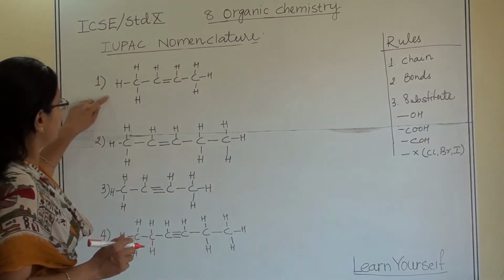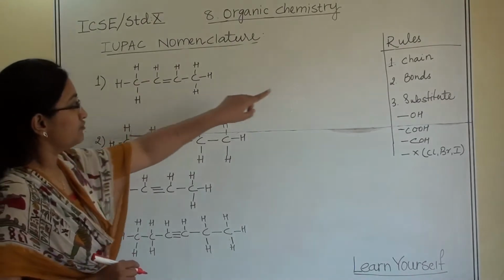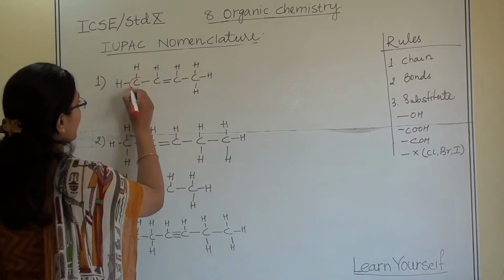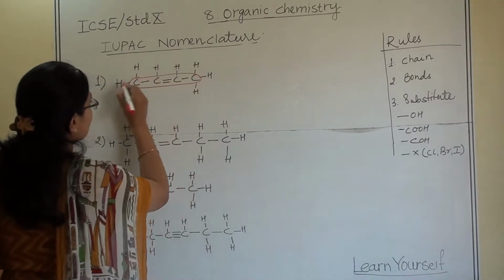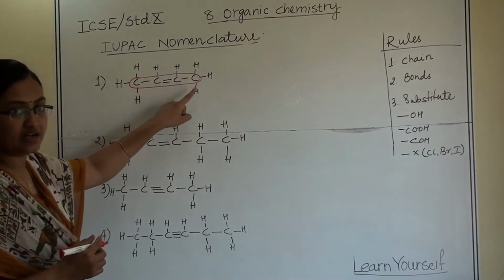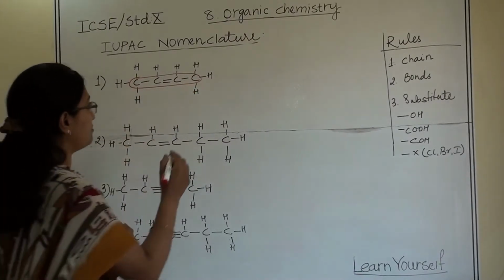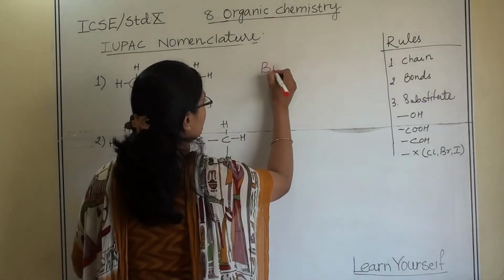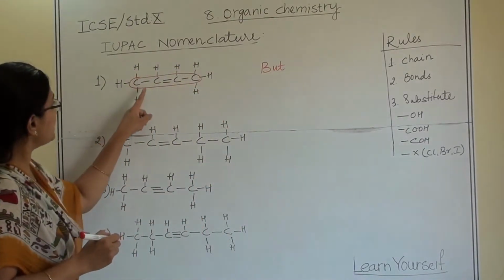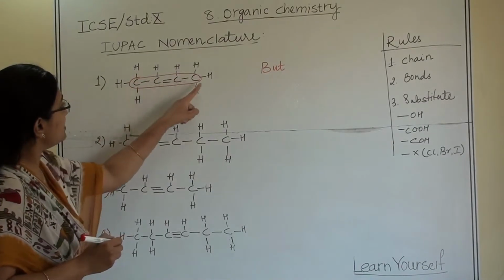So first one, here the first rule is chain. Always keep in mind, we have to identify our chain and this is our chain. In this, how many carbon atoms are there? 4 carbon atoms. So it starts with but. Then you see where the double bond is.